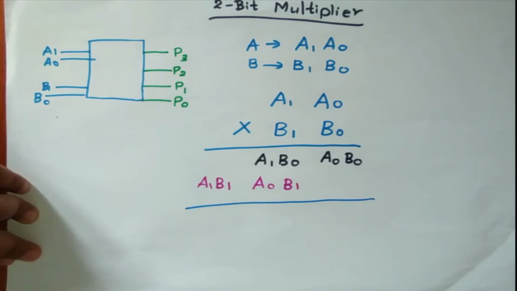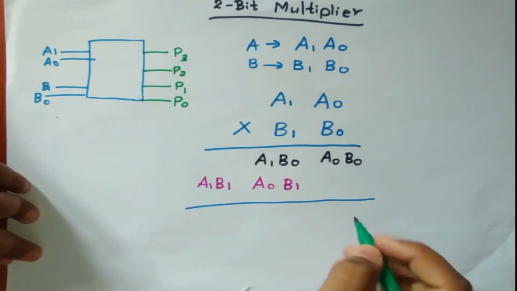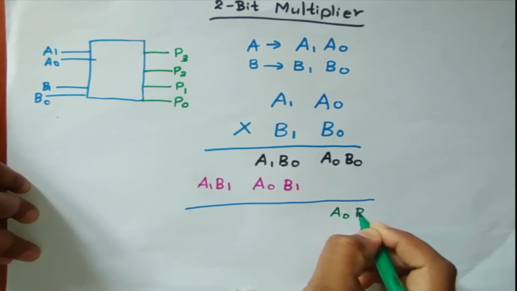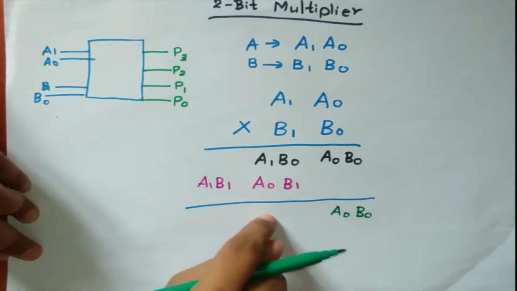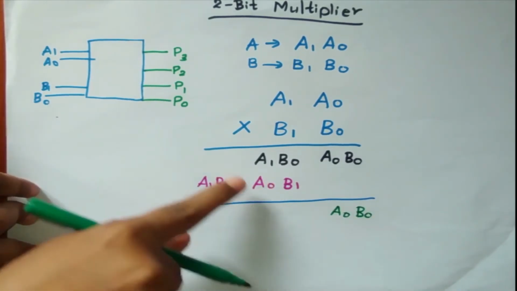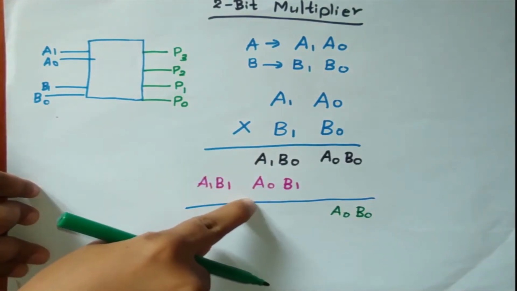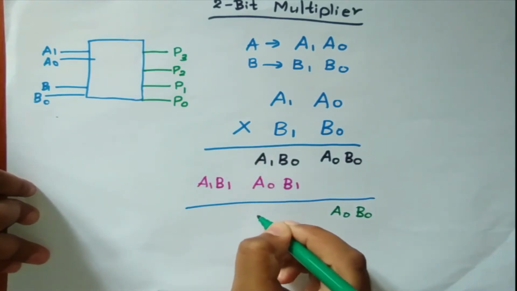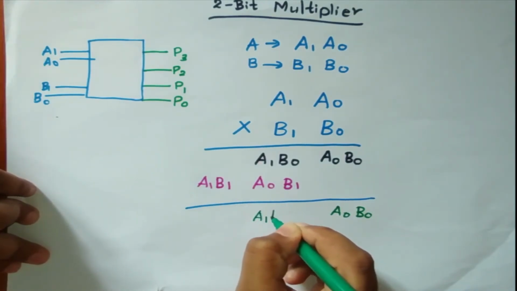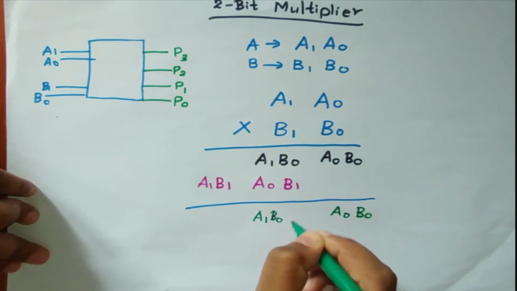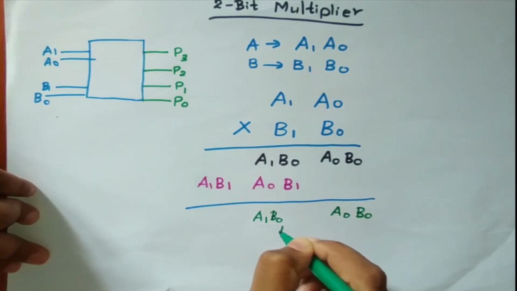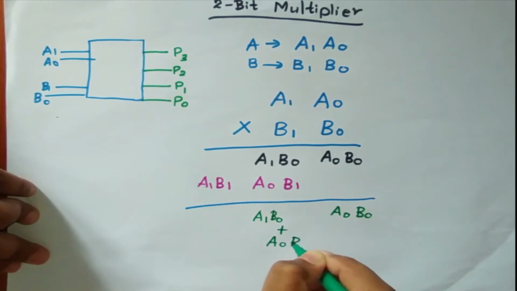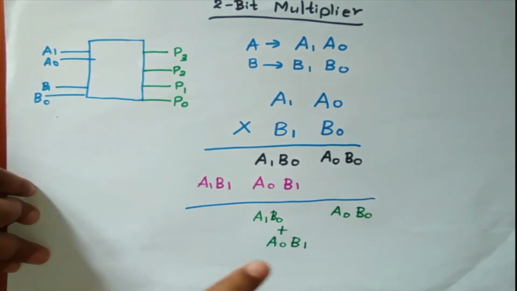In here we get A0 B0. In here, as there are 2 values, we get the summation of these 2 values, A1 B0 or A0 B1.